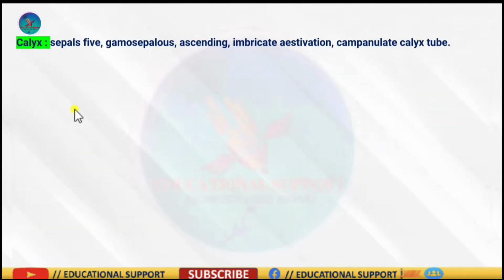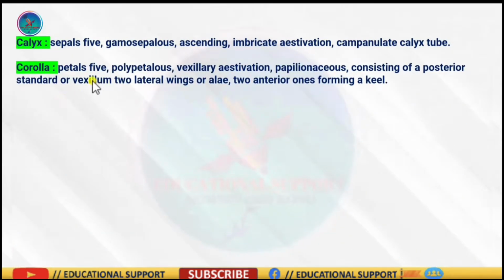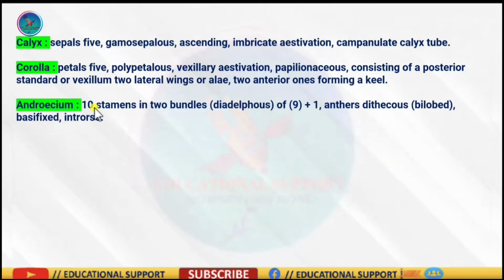Next is calyx. So calyx contains 5 sepals which are gamosepalous, while aestivation is imbricate. Corolla contains 5 petals, polypetalous with vexillary aestivation.